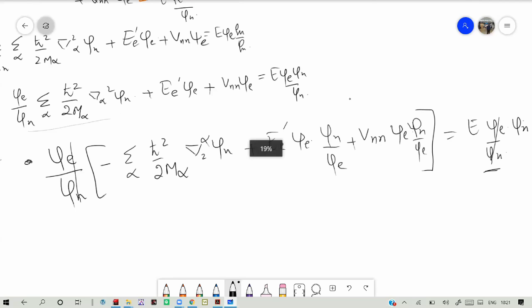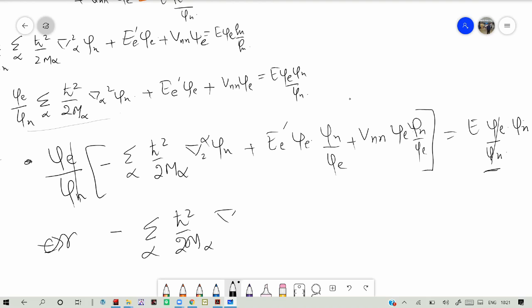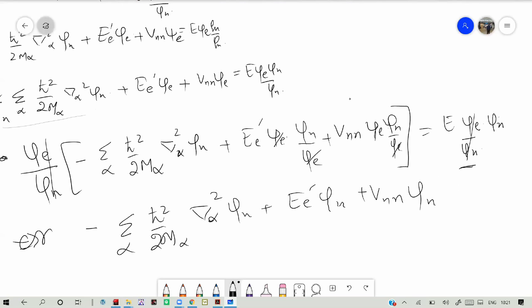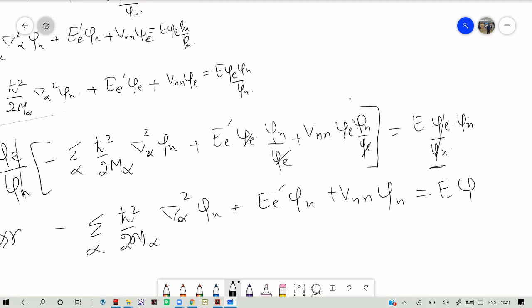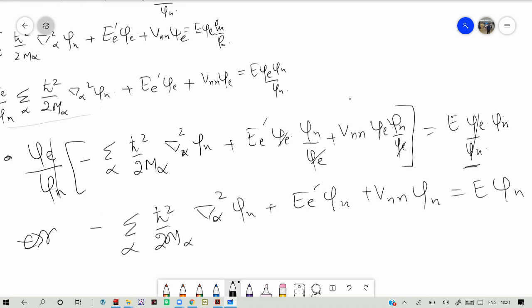It gives us, I can write, minus alpha h cut square divided by 2m alpha del alpha square, sorry, here I have to write it square alpha, plus E dash psi n plus VNN psi n is equal to E psi n. This is the required result.